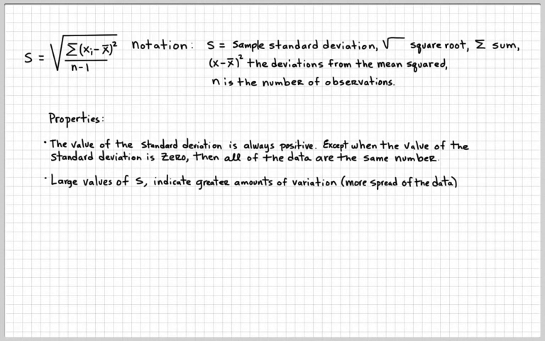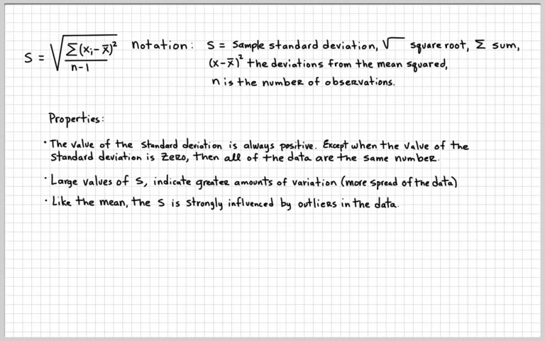The variety of numbers are much farther or spread out from the mean compared to numbers that are closer together towards the mean. If the values of the data set are more clumped closer to the mean, then it's more likely that it'll have a smaller sample standard deviation.